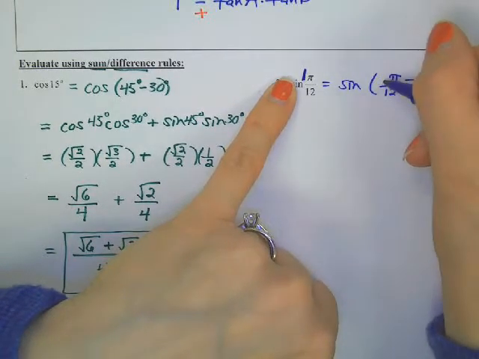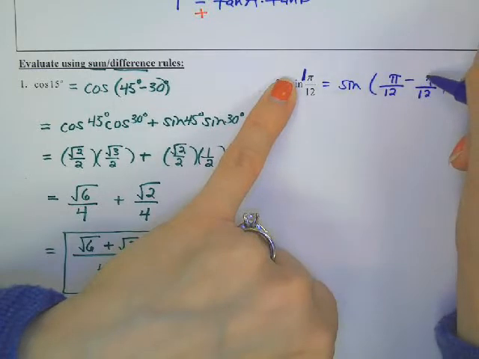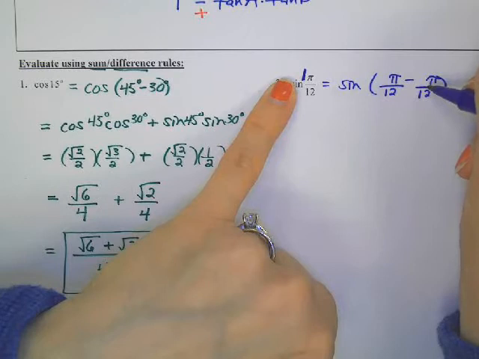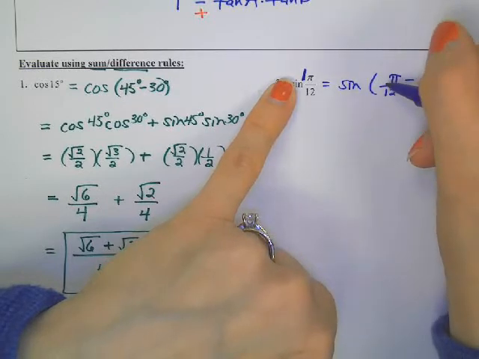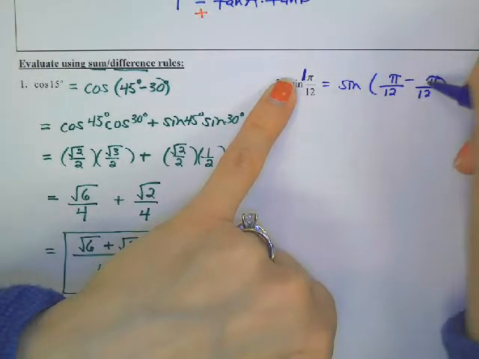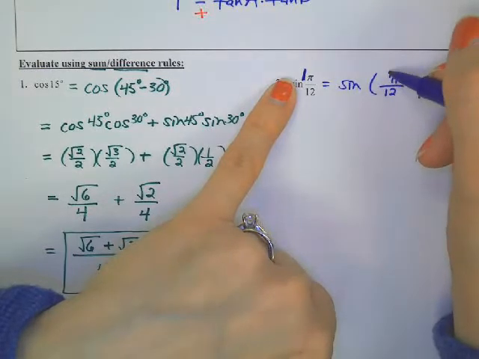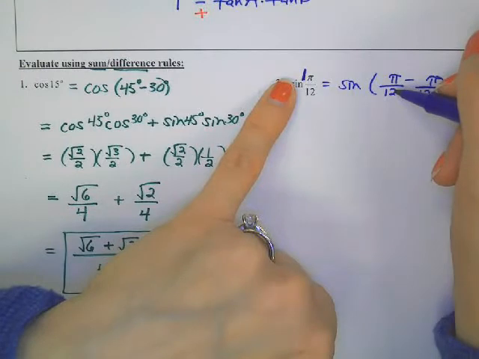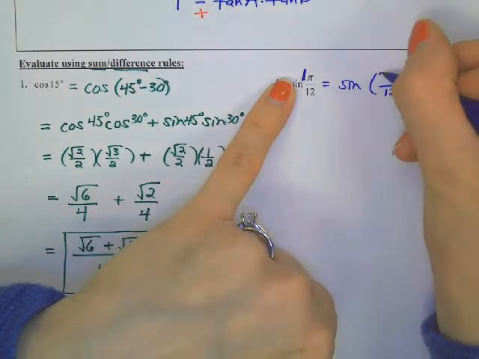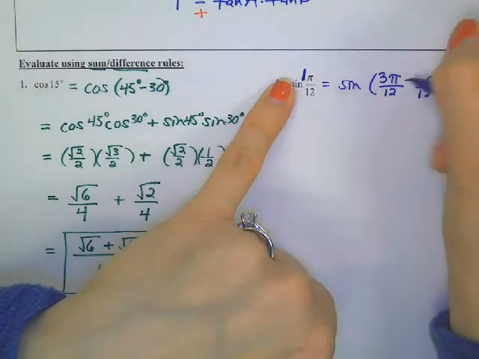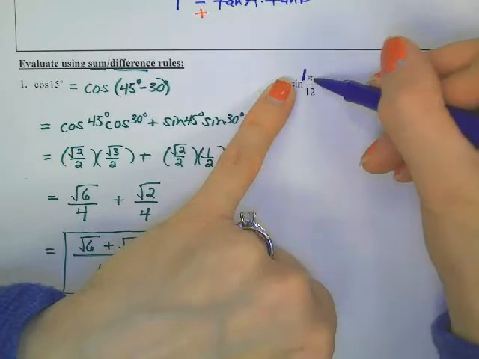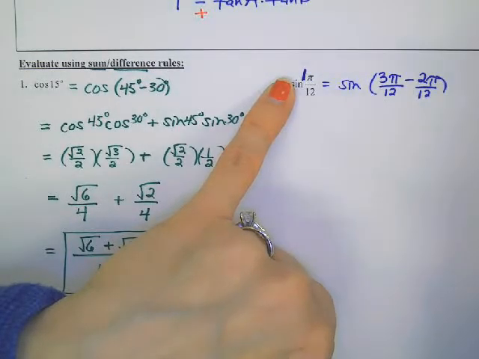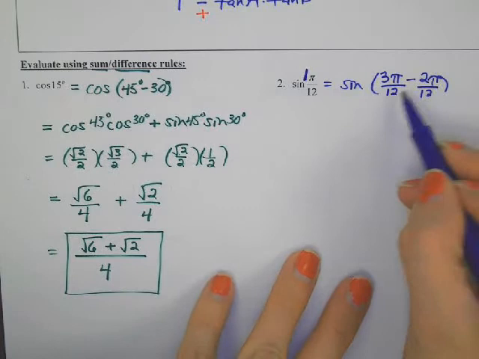Should I do 4 minus 3? Or should I do 3 minus 2? I probably don't want to do 5 minus 4. I don't know 5 out of 12. If I did 3 pi out of 12 minus 2 pi, would that make 1 pi out of 12? Yeah, it would. But are these angles that we know?